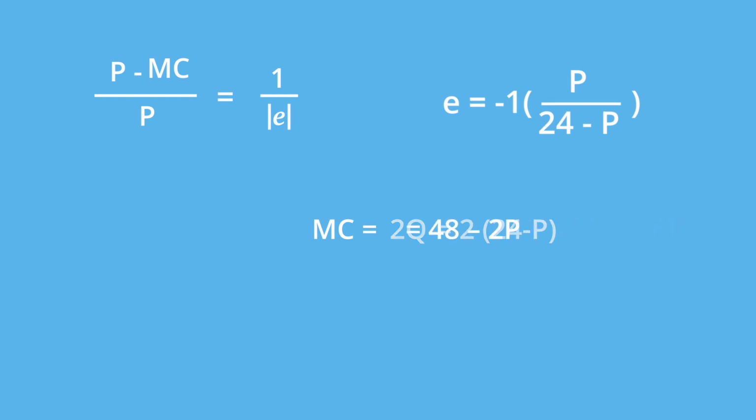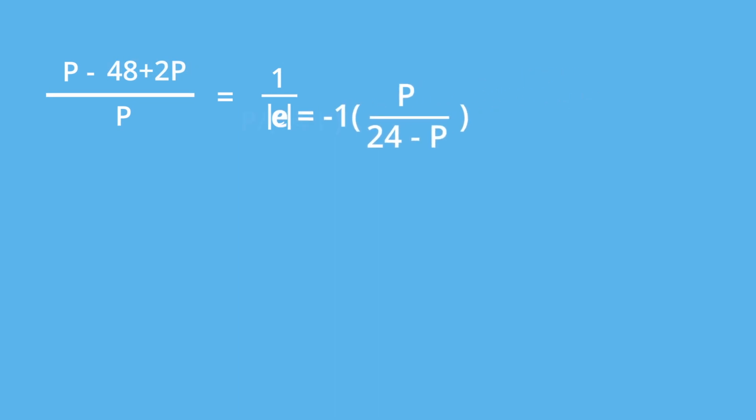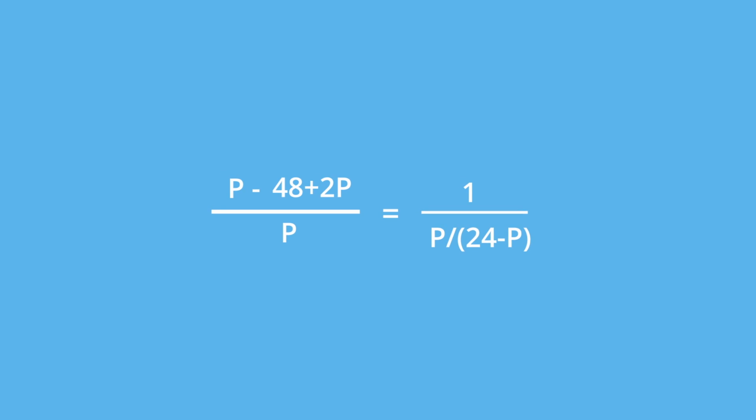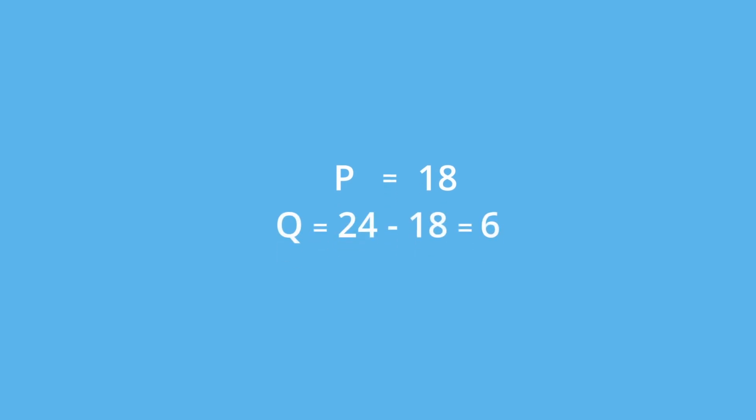Plugging the MC and price elasticity E into the equation, we have P minus MC over P equals 1 over the absolute value of E. P minus 48 plus 2P over P equals 1 over P over 24 minus P. Simplifying the expression, we have 3P minus 48 over P equals 24 minus P over P. 3P minus 48 equals 24 minus P. Thus, P equals 18, Q equals 24 minus 18 equals 6. We have the same result as before.